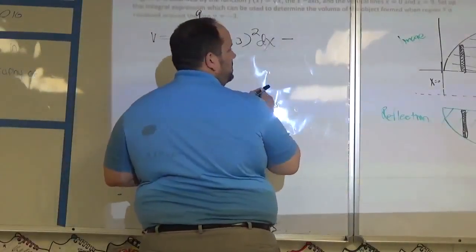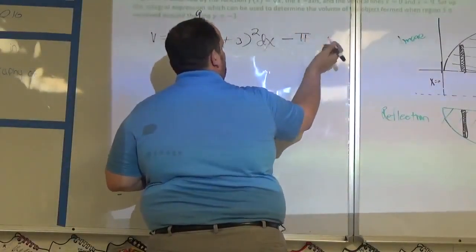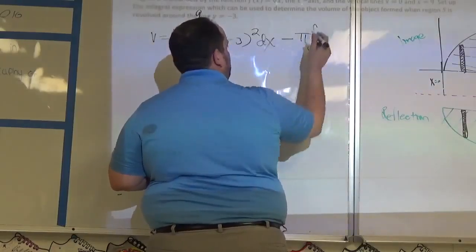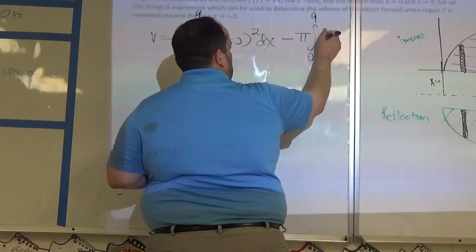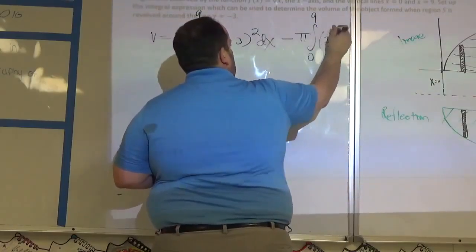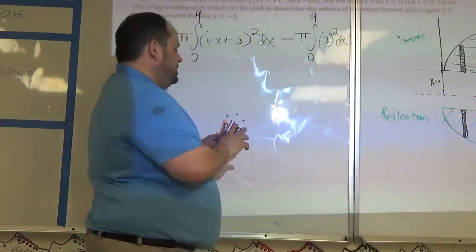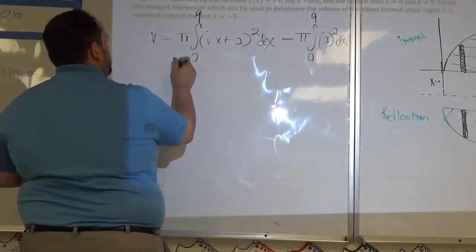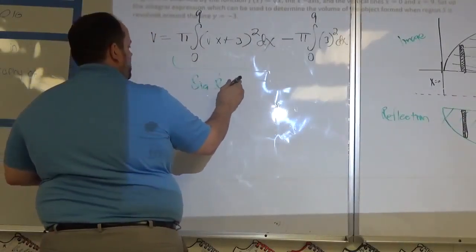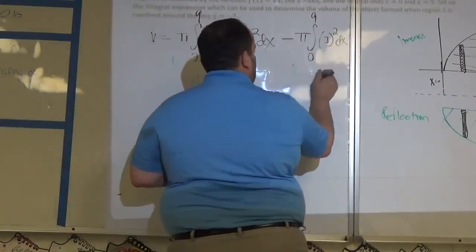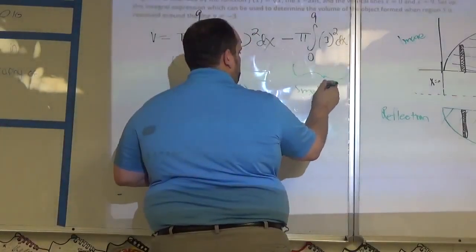Minus pi times the definite integral from 0 to 9 of 0 plus 3, or just 3, squared dx, right? So I like to think of this as the big radius, and this guy over here is your small radius.